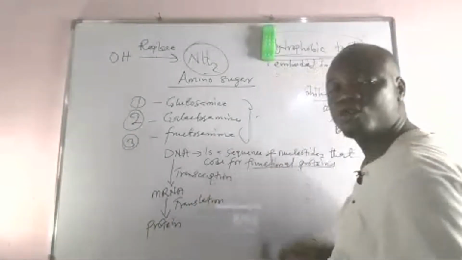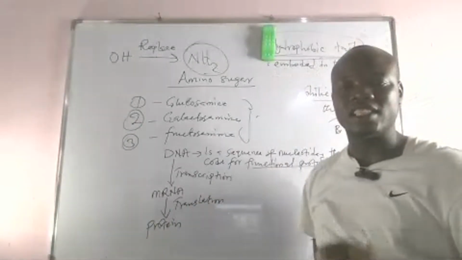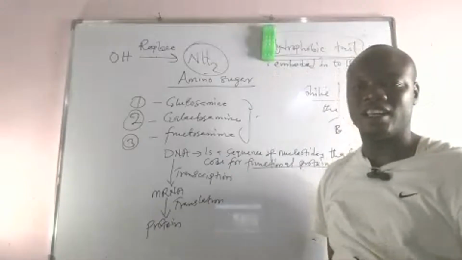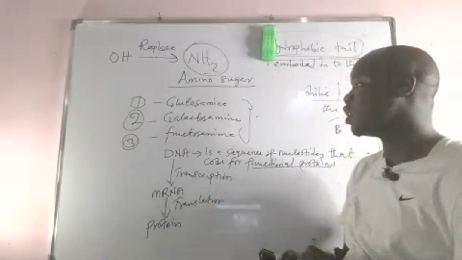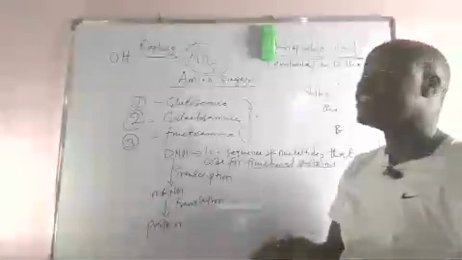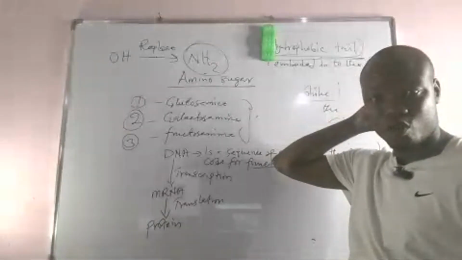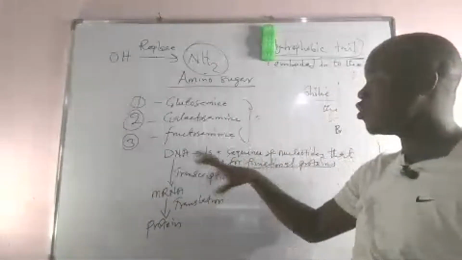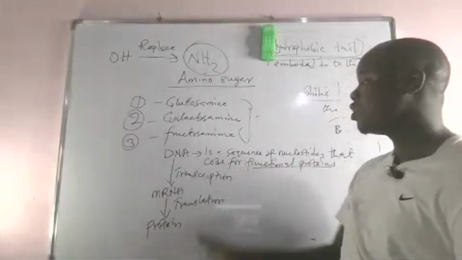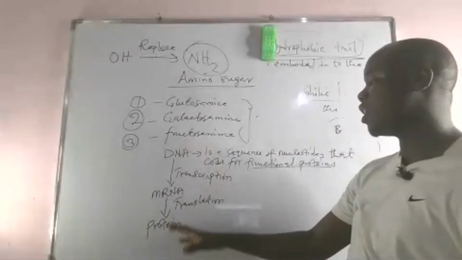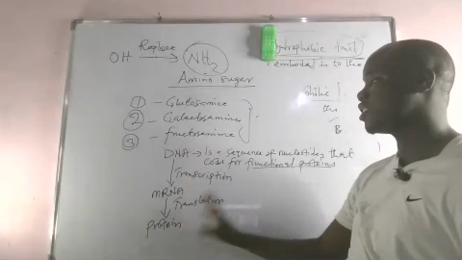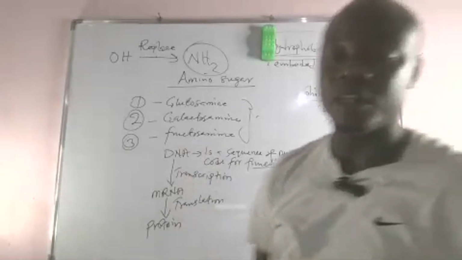So the best thing to explain this, ladies and gentlemen, excellent, is transcription and translation. So the genetic information is encoded in the DNA through the central dogma of molecular biology. So DNA to RNA, from RNA to protein, that's transcription, translation, and replication.